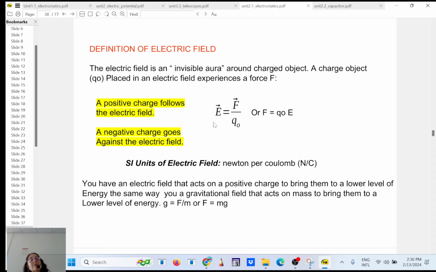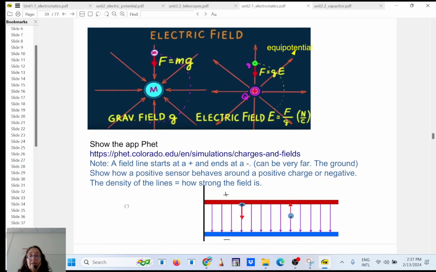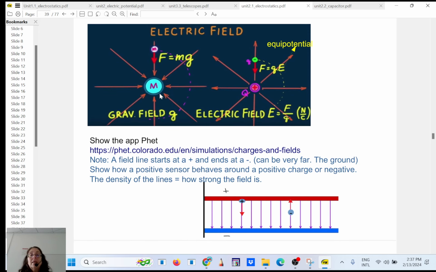So one definition of the electric field will be the force per unit charge. And it's a vector, so it has a direction from plus to minus. And the unit will be Newton per Coulomb. Here it's the same thing.